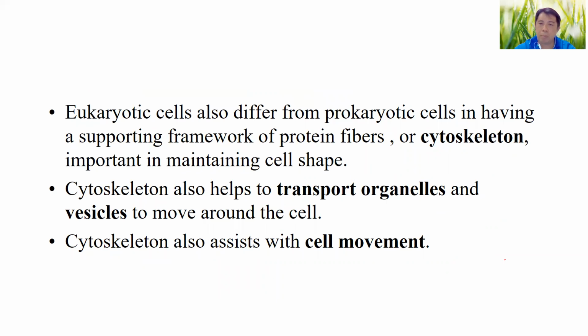Eukaryotic cells also differ from prokaryotic cells in having a supporting framework of protein fibers, which we call the cytoskeleton. The prokaryotic cells have no such cytoskeleton. The cytoskeleton is made of protein fibers that support the structural shape of the cells, and it also helps to transport organelles and vesicles around the cells.